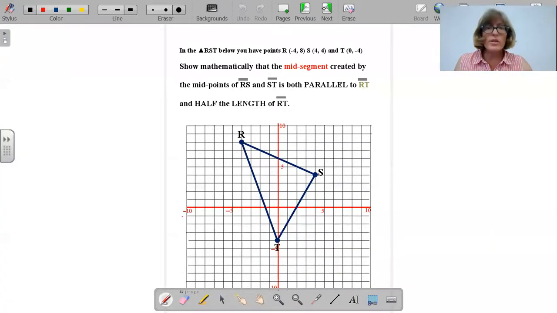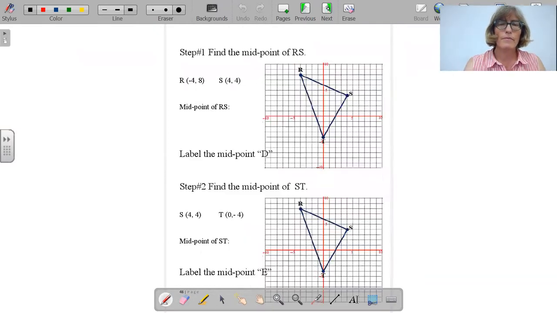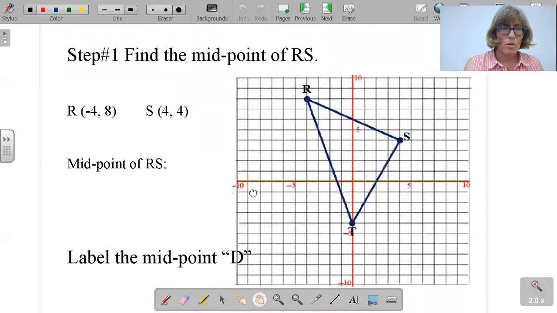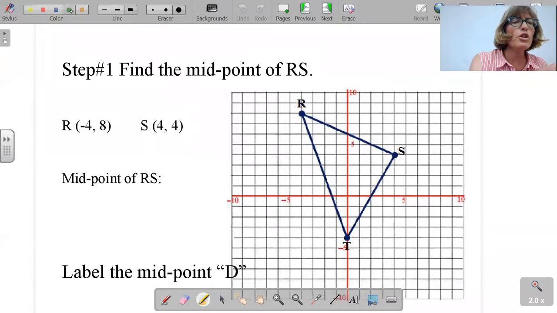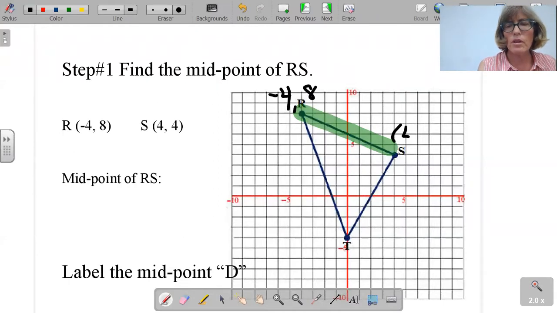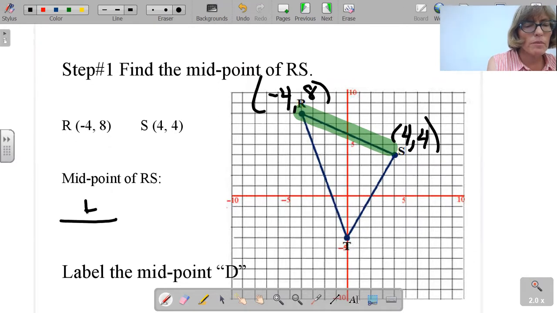Ready? Step 1, we have to prove that we have midpoints, first off. So our first ambition is to find the midpoint of RS using the midpoint equation. So this is (-4, 8). This is (4, 4). Let's make your template. Add, divide by 2.